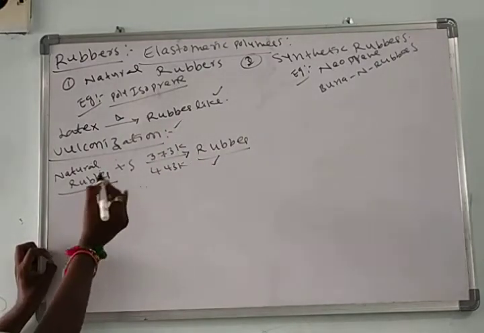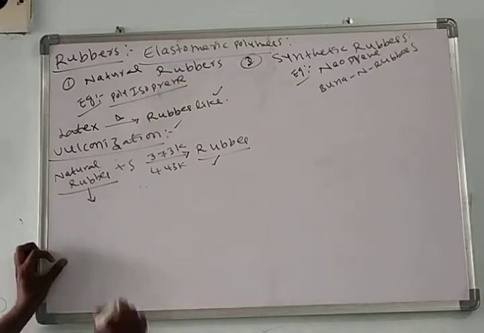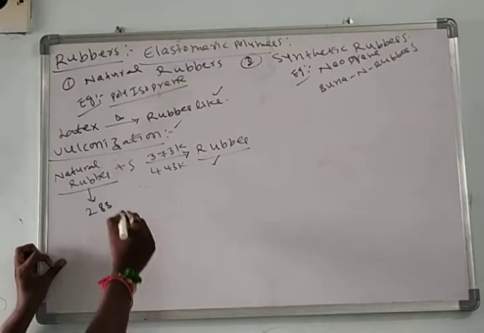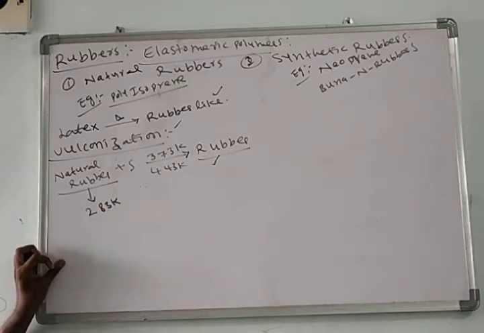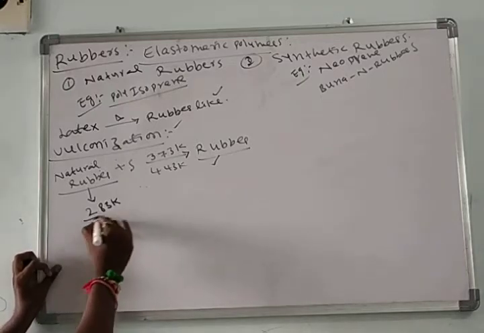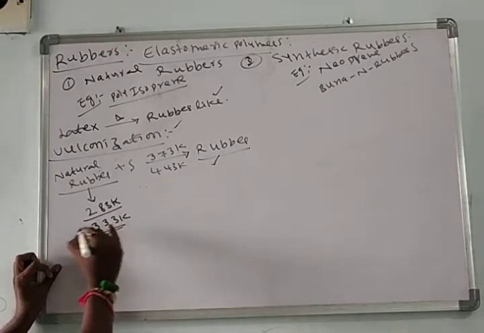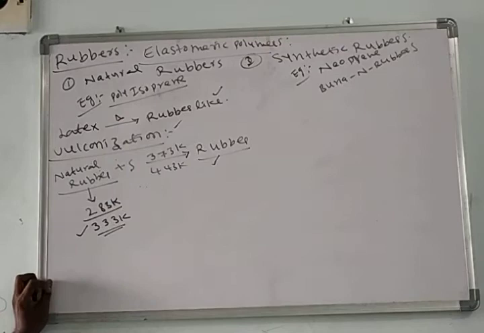Natural rubber is very stiff at 283 Kelvin temperature. Stiff means it is rigid, hard. Above 333 Kelvin temperature, it is soft.